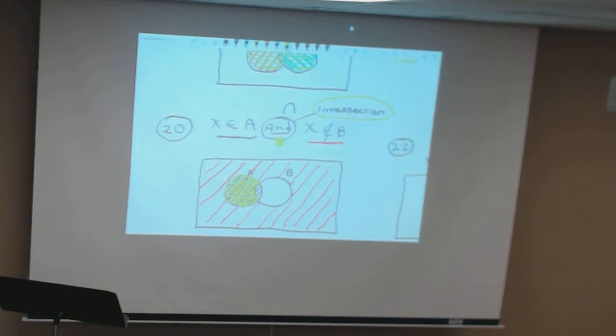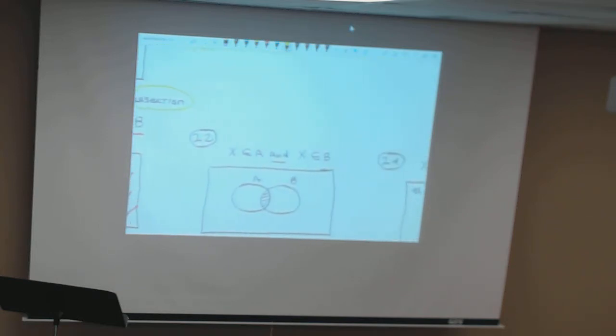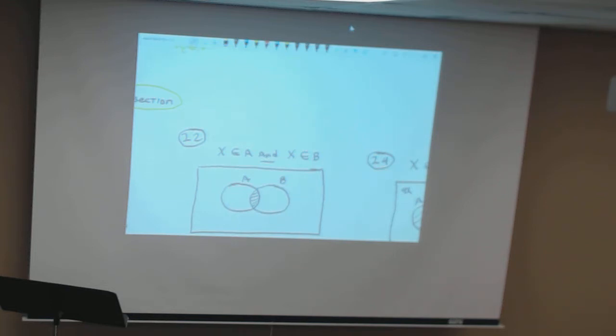Boy, that's fun making these colors. 22. What's 22 say? X is an element of A. So that would be here. And X is an element of B. So that would be here.